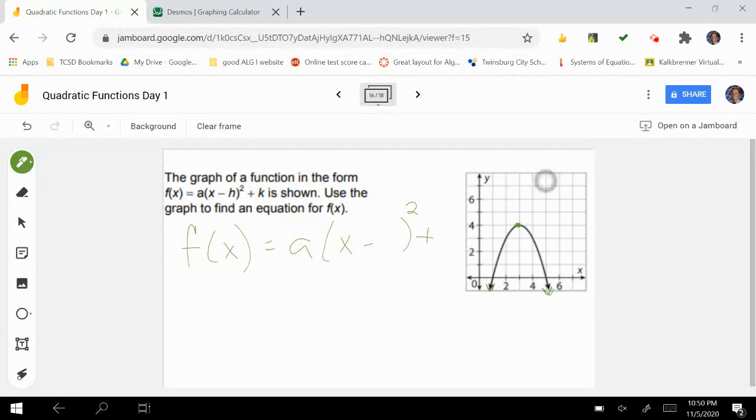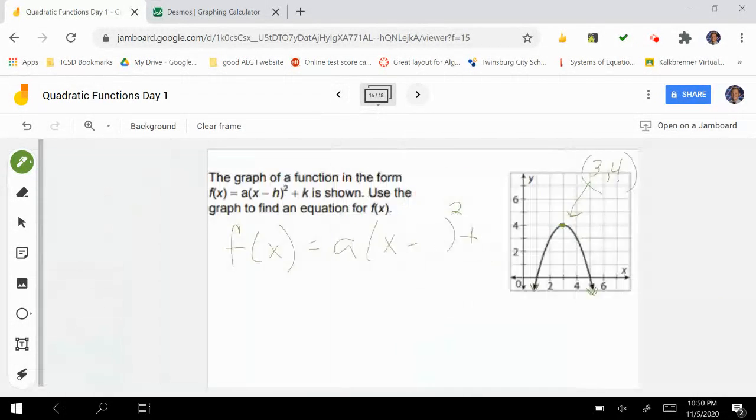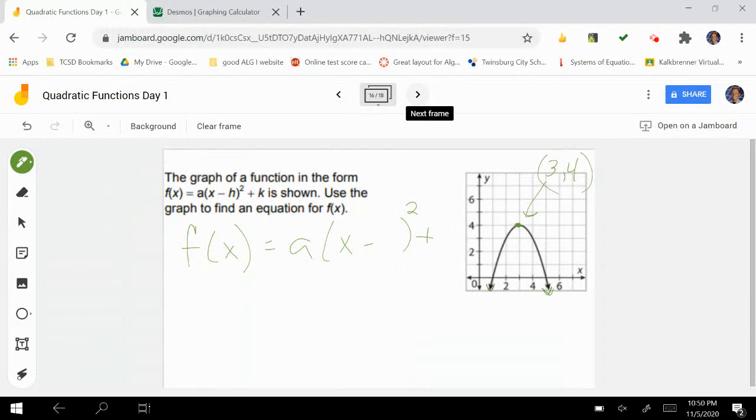I go from 0 over 1, 2, 3, so it's 3. Up 1, 2, 3, 4, so it's (3, 4), my vertex. So again, my h is going to be my x value and my k is going to be my y value. So when I plug this in, it's 3, which means it's going to be the opposite of 3 because we're going to distribute that negative to it. And then I have my 4 over here.